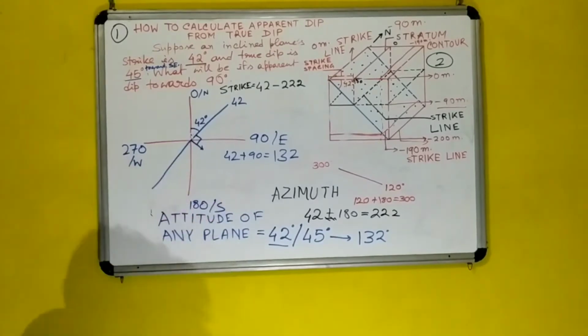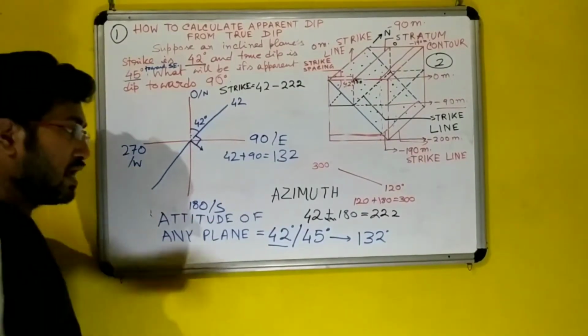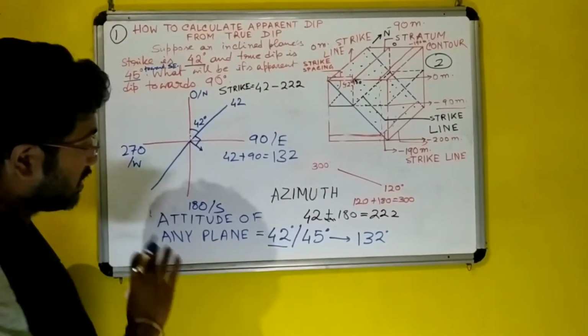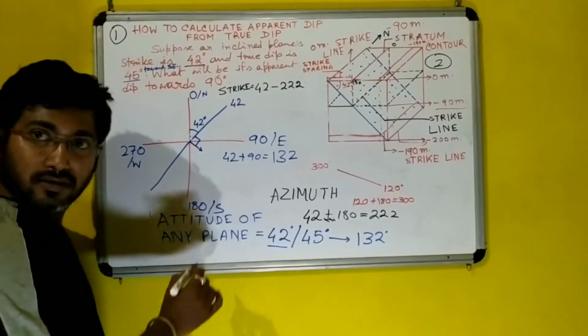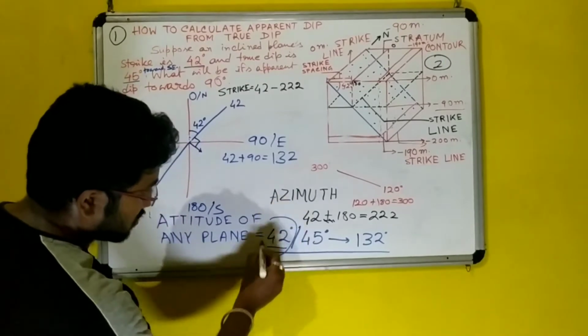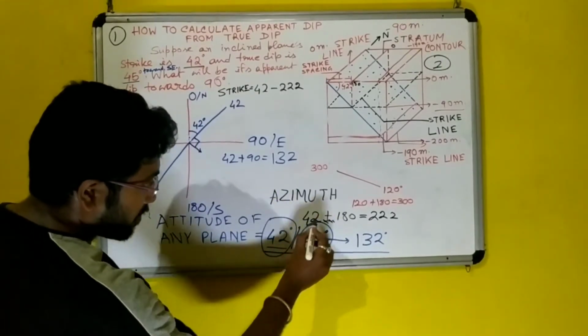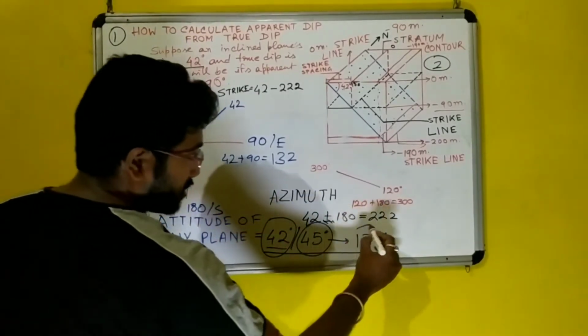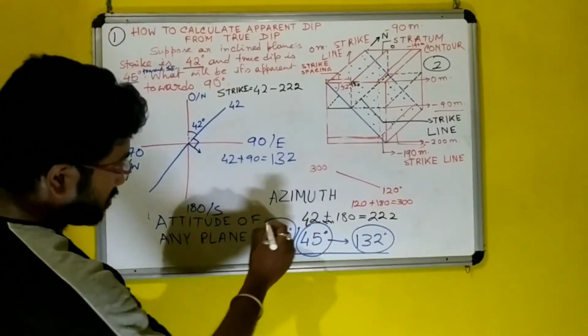So this way we write the attitude of any inclined plane. Suppose we write this way: this is the strike, this is the dip amount, and this is the dip direction.